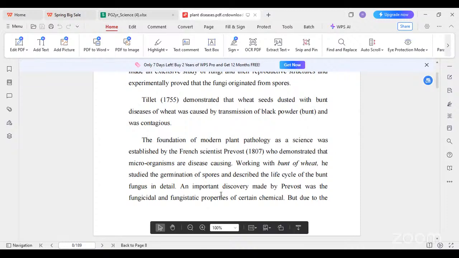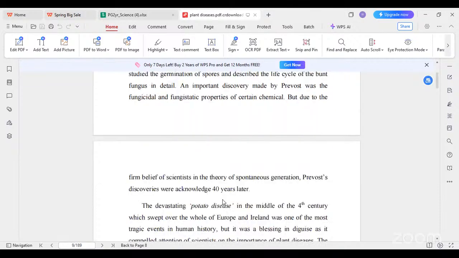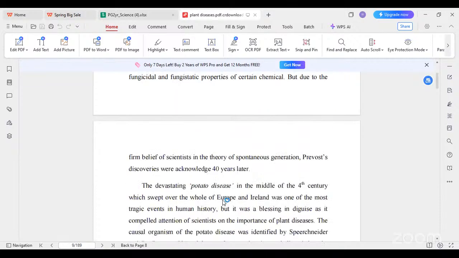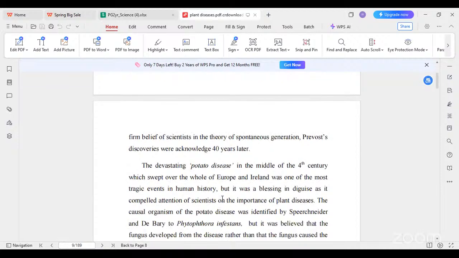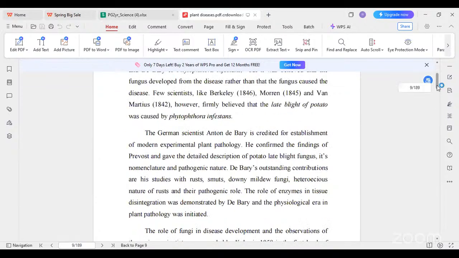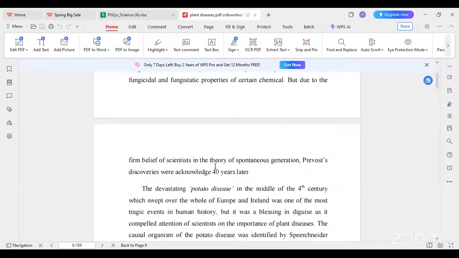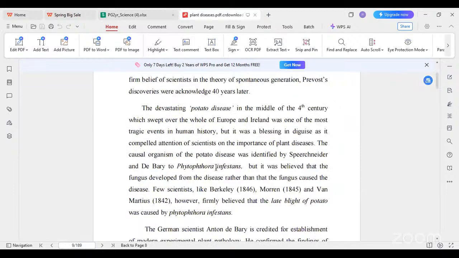An important discovery made by Prevost was the fungicidal and fungistatic properties of certain chemicals, but due to the prevailing belief of scientists in the theory of spontaneous generation, Prevost's discoveries were acknowledged 40 years later.